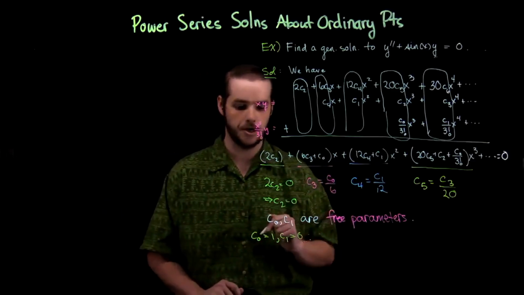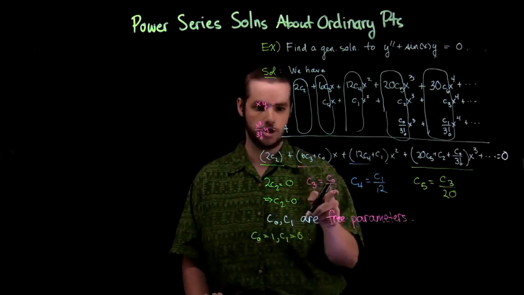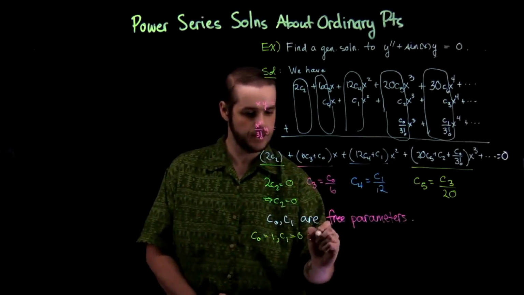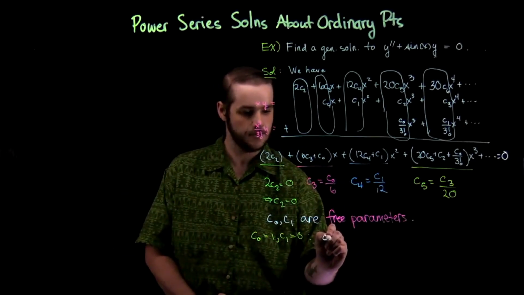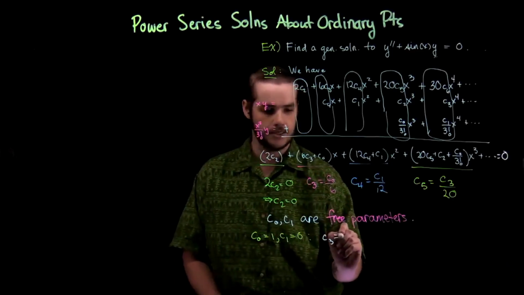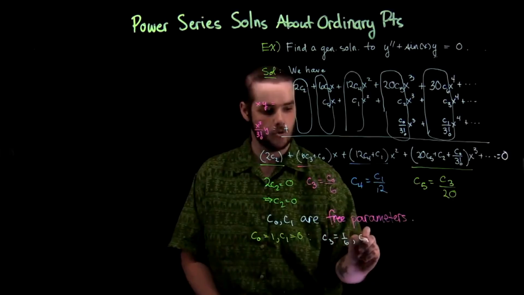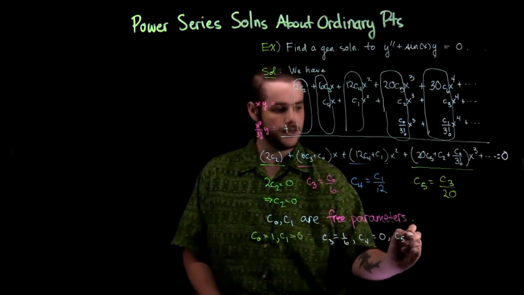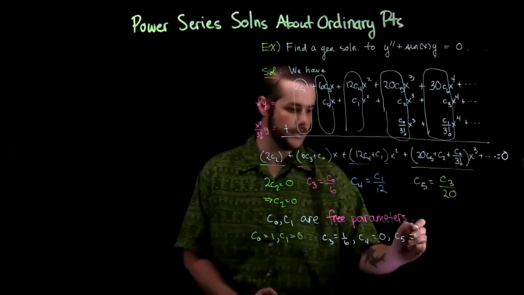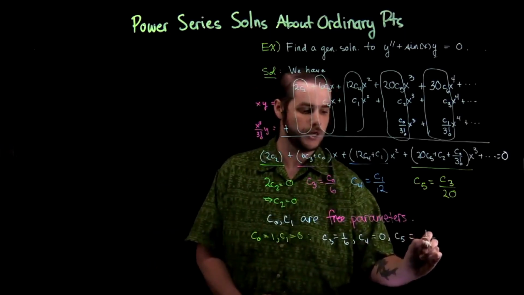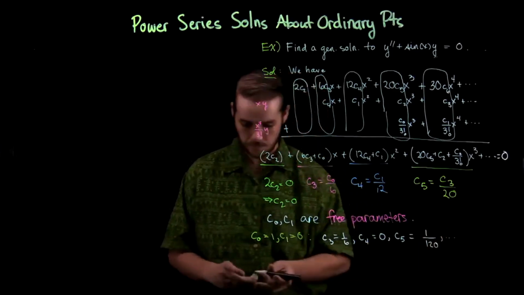Okay. c0 is 1, which tells me c3, well, we know c2 is always 0, right? c3 is 1/6. c4 is 0. c5 is c3 over 20. That's 1/6 times 1/20th, or 1 over 120, and so on.